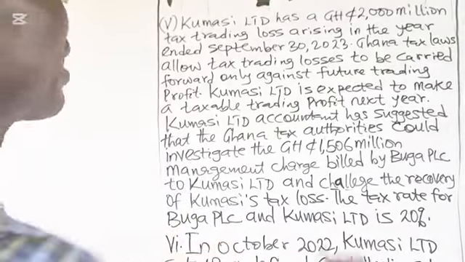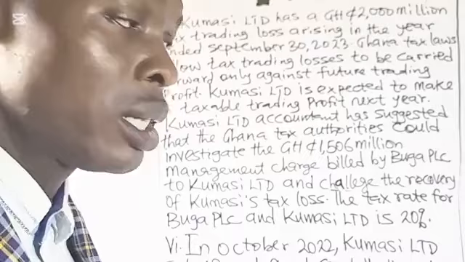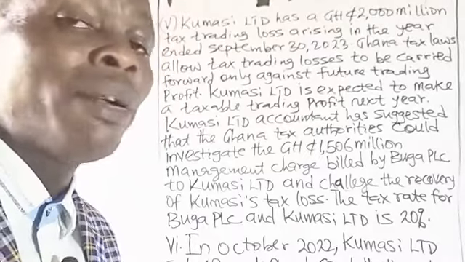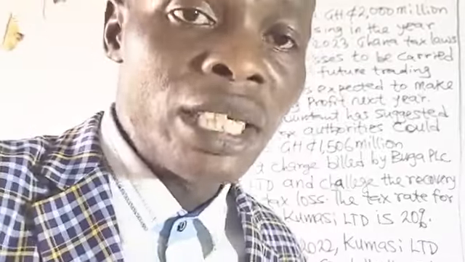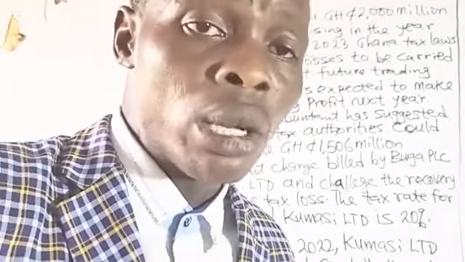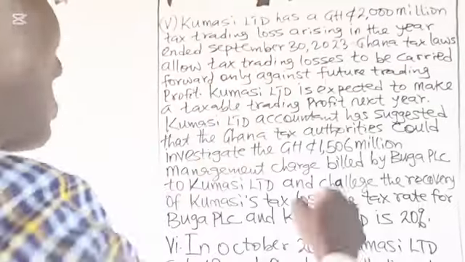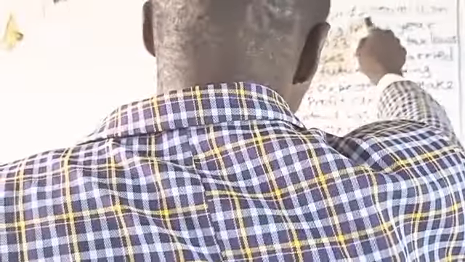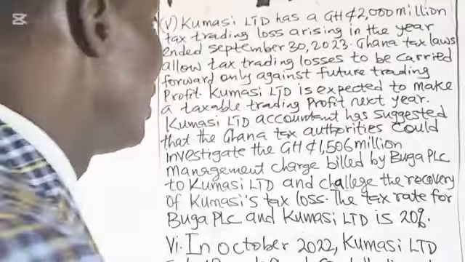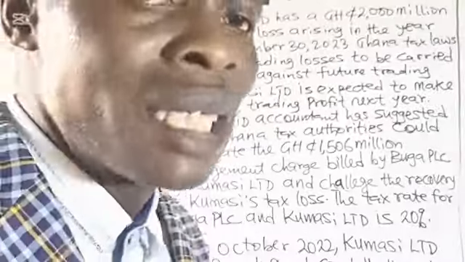Now, you have been given the accumulated tax loss. Remember, no tax has been recognized in the financial statements of Kumasi Limited. So you will need to calculate the amount of tax that is payable or receivable by Kumasi Limited. Since you have a tax loss of 2 billion, you want to compute the tax payable.